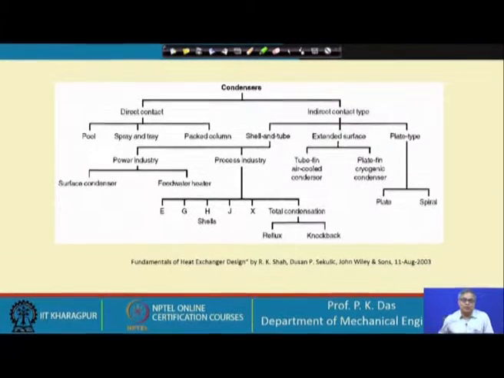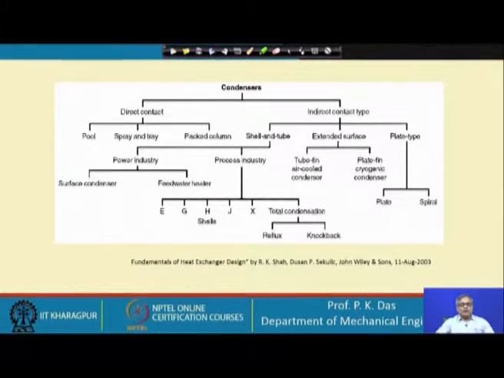In a shell and tube type heat exchanger, there will be a number of tubes, and through these tubes one stream of fluid will pass, and then these tubes will be exchanging heat with another fluid stream which will be contained within the shell.